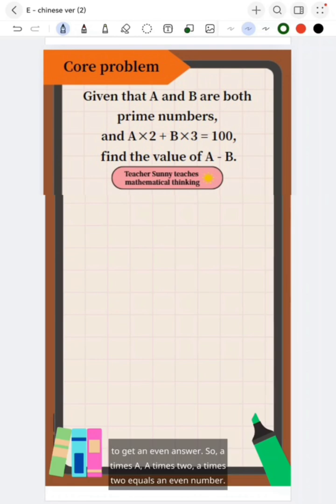So a times 2 equals an even number. That is absolutely correct, because any number multiplied by an even number will always be even. But what about b times 3? Here, it's also even. It has to be even, otherwise you simply can't get an even answer.